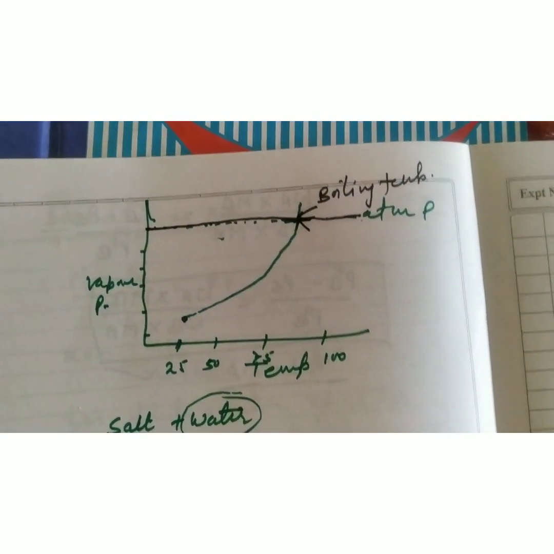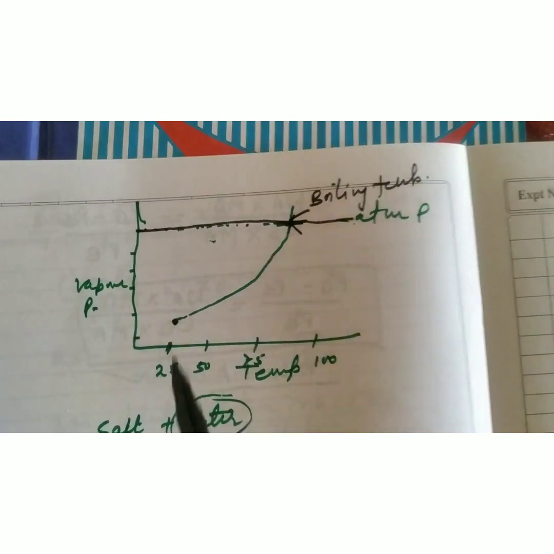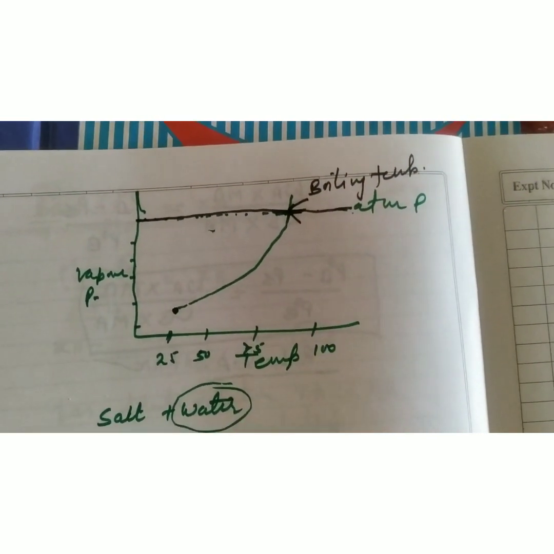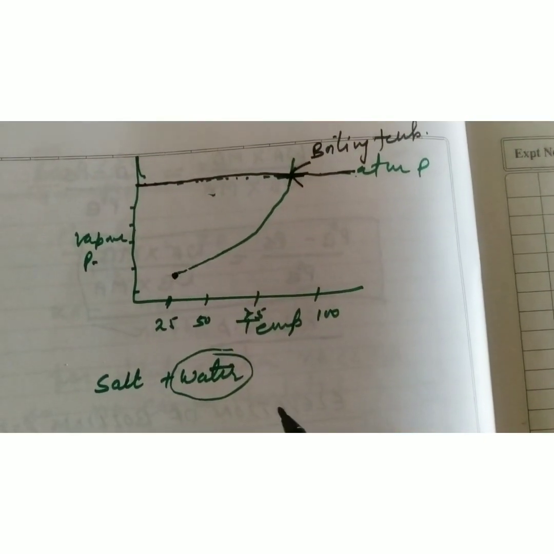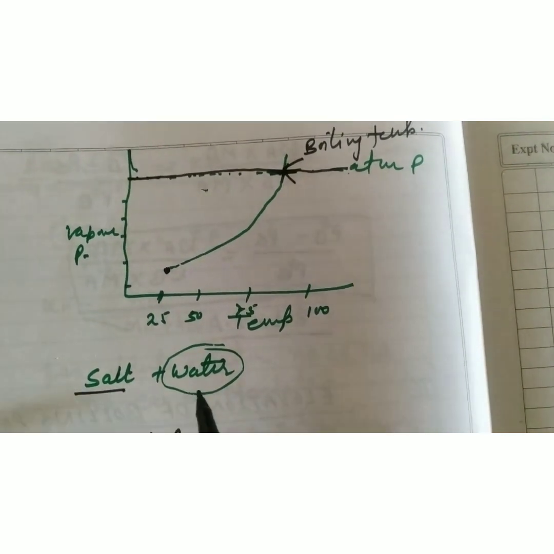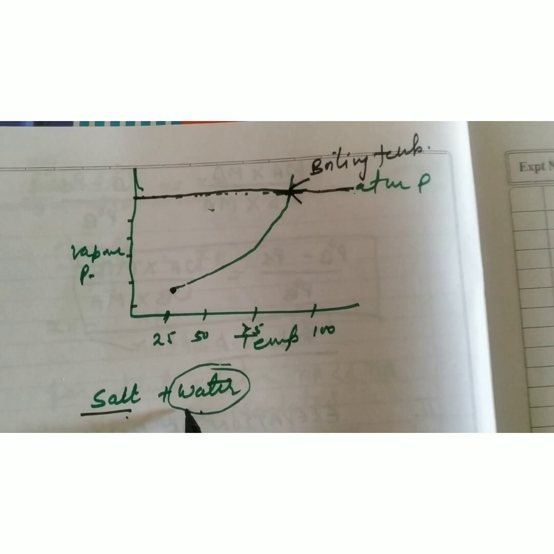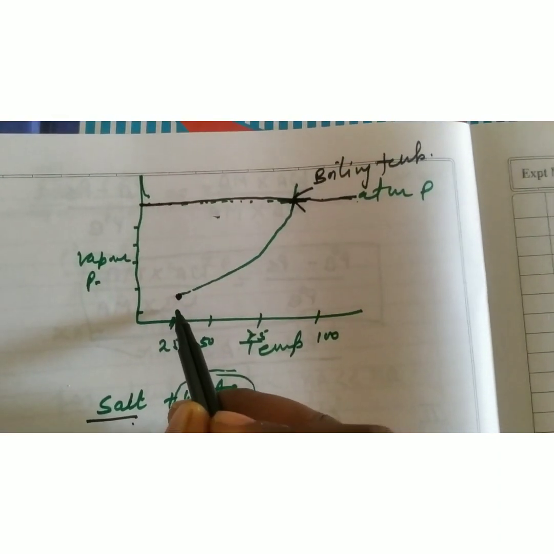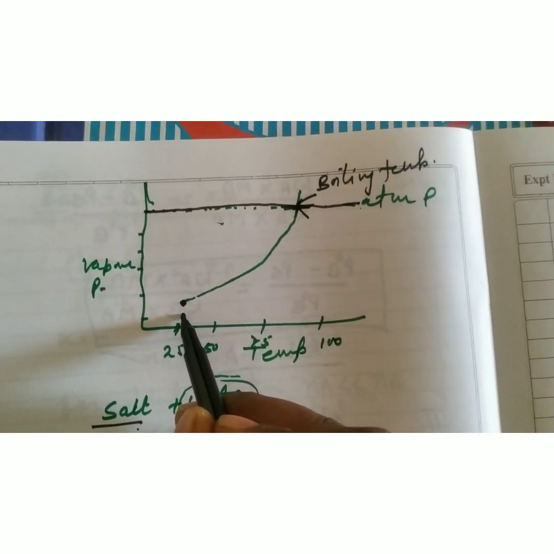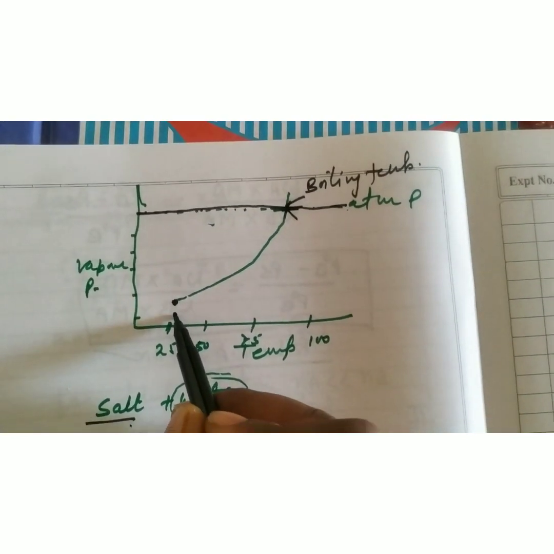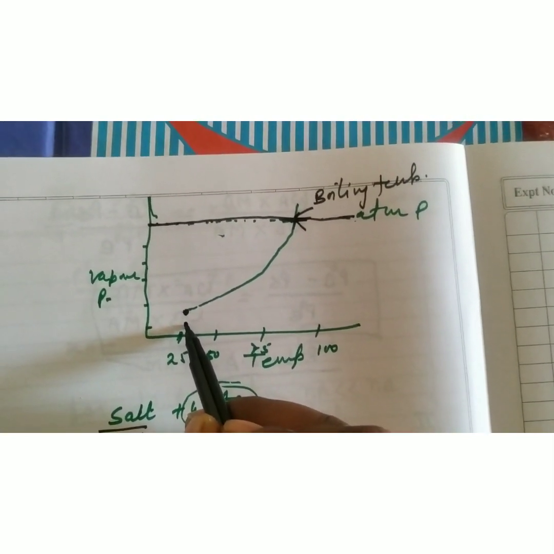Okay. Suppose this temperature is 25 degrees centigrade. Clear? So by mixing salt with water, the boiling temperature will change. Suppose this is the temperature, 25. Okay.